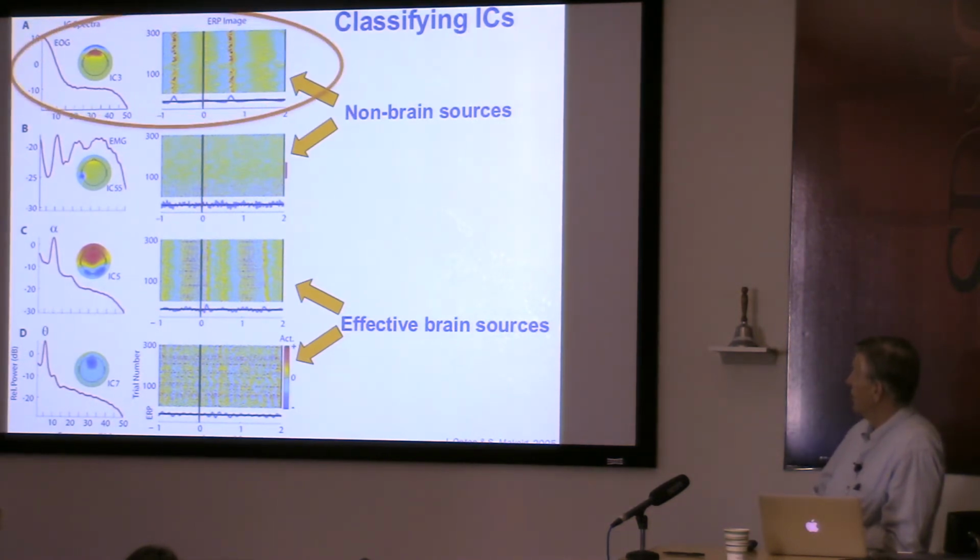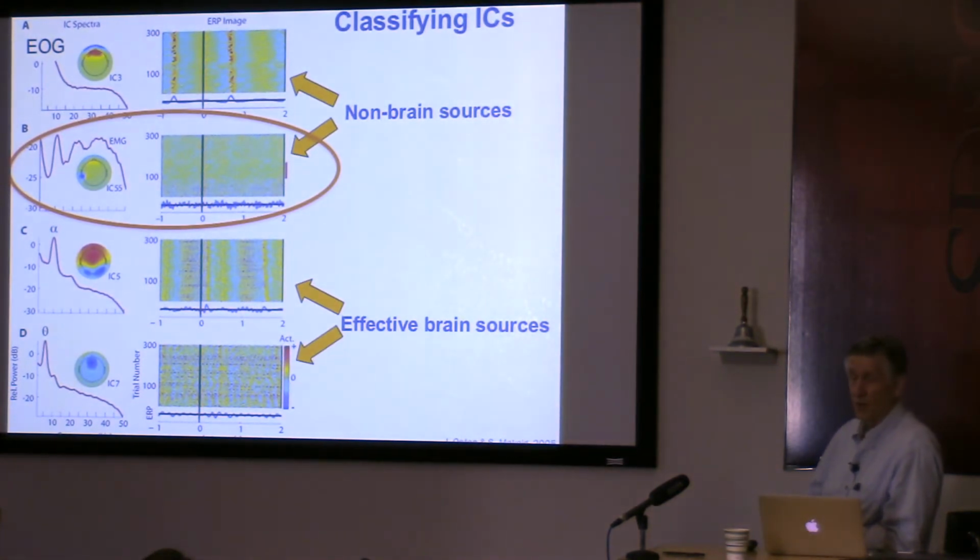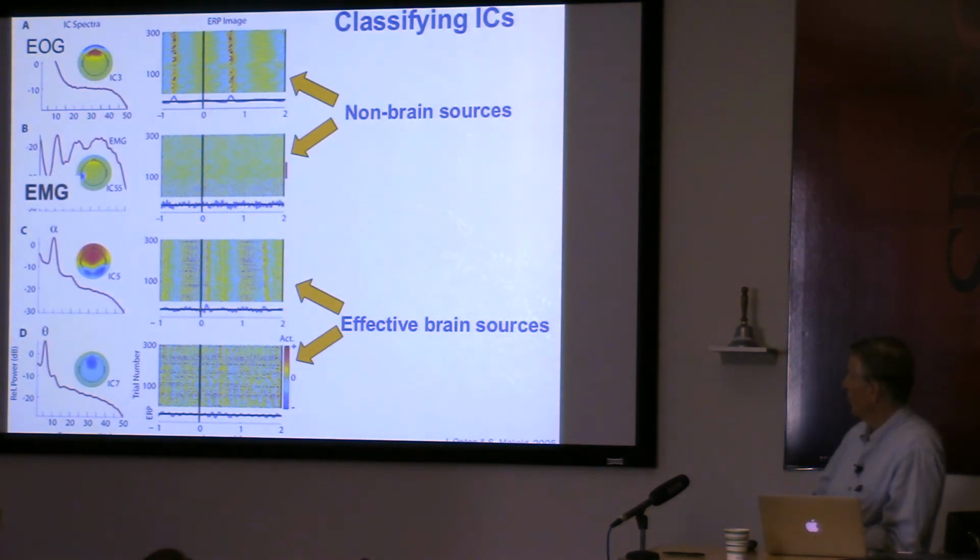So there are non-brain sources, such as here, eye blinks. The subject was eye blinking regularly in the experiment here. Here is a muscle component, with its characteristic EMG spectrum. The fall off at the top there, around 50 hertz, is obviously a filter, some sort of notch filter that was put in the data.